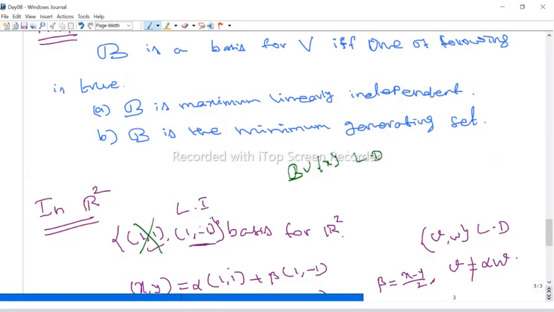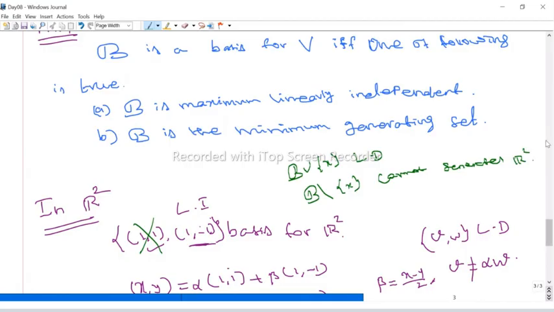If you add one more element, the set becomes linearly dependent. Similarly, suppose script B is a basis and you remove one element from the set. Then this set cannot generate or span the entire space R2. That is the minimum set to span the entire space.